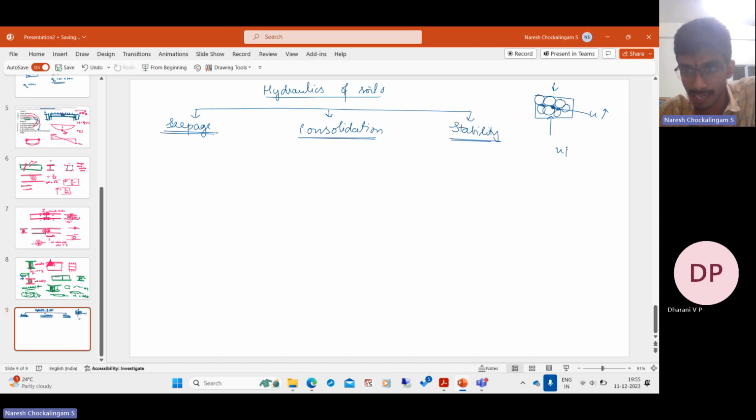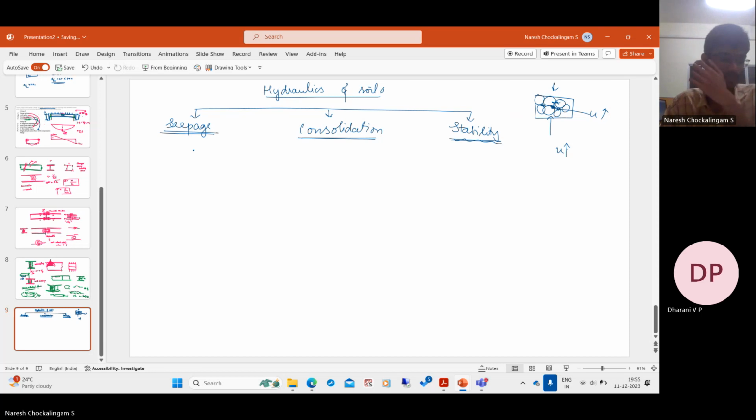When the pore water pressure increases sufficiently so that the pressure transmitted between the soil particles vanishes, it becomes unstable. So you have conditions like quicksand, piping failure, and liquefaction. Under all these conditions, the pore water pressure exceeds the effective stress of the soil. This leads to structures, foundations and dams overturning. So this is one aspect.